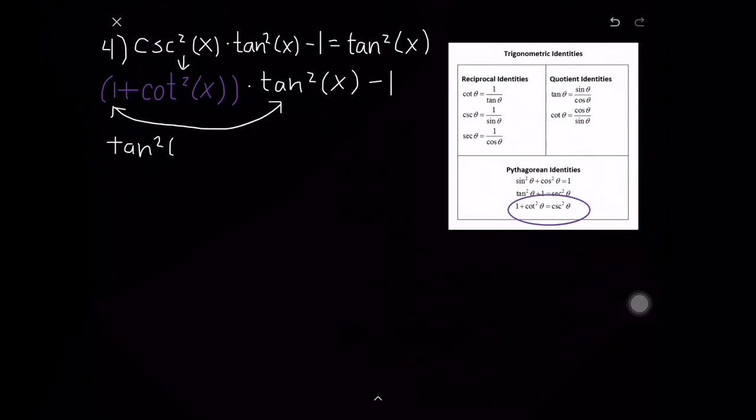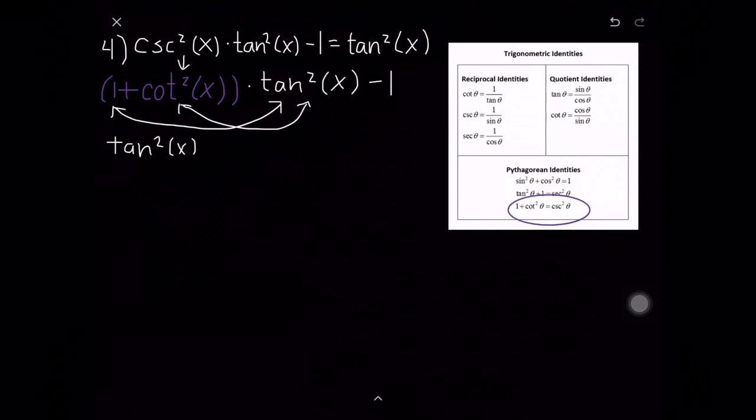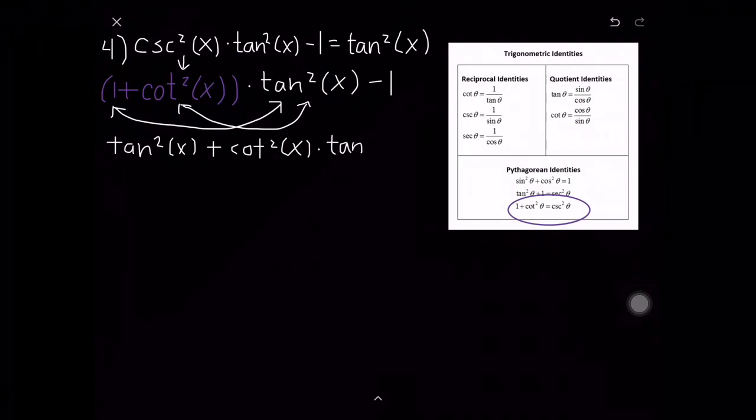And squared cotangent of x by squared tangent of x equals squared cotangent of x by squared tangent of x. And of course, we write the minus 1. As you see, we still have a multiplication here.